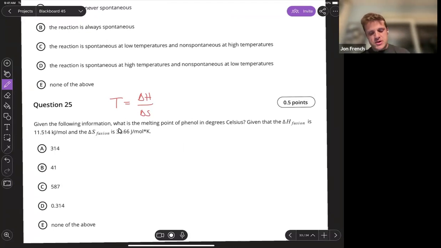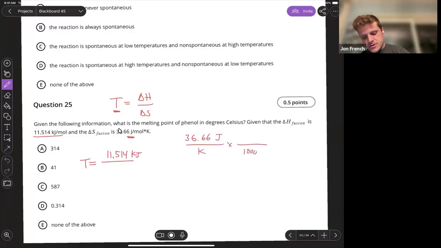We can rearrange this equation to ask at what temperature that switch occurs. So my temperature equals my delta H, which is 11.514 kilojoules. I need to convert my entropy from joules to kilojoules.